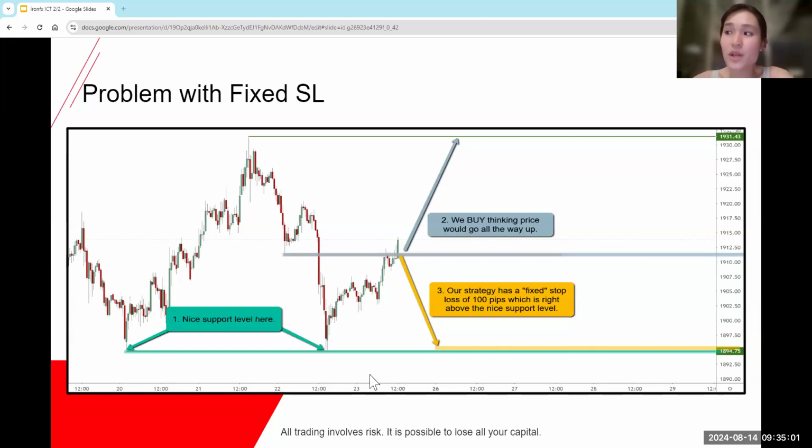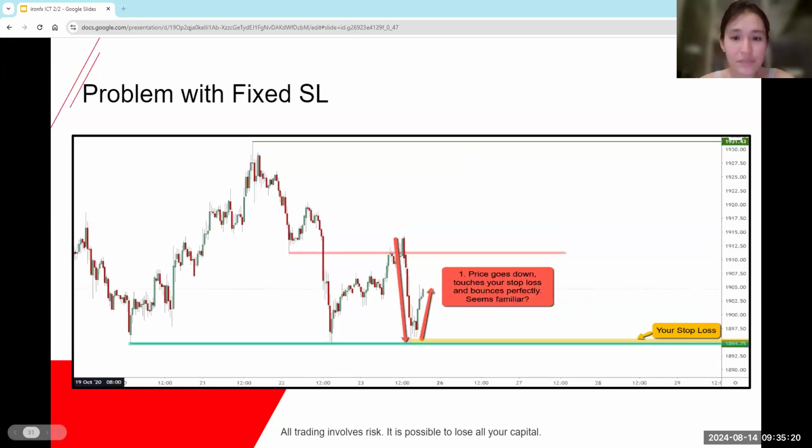We're expecting price, which is here, to continue all the way up to this swing high. Our strategy has a fixed stop loss of 100 pips, which is right above this support level. Instead of going up, price goes down, touches the stop loss and bounces perfectly from the support.